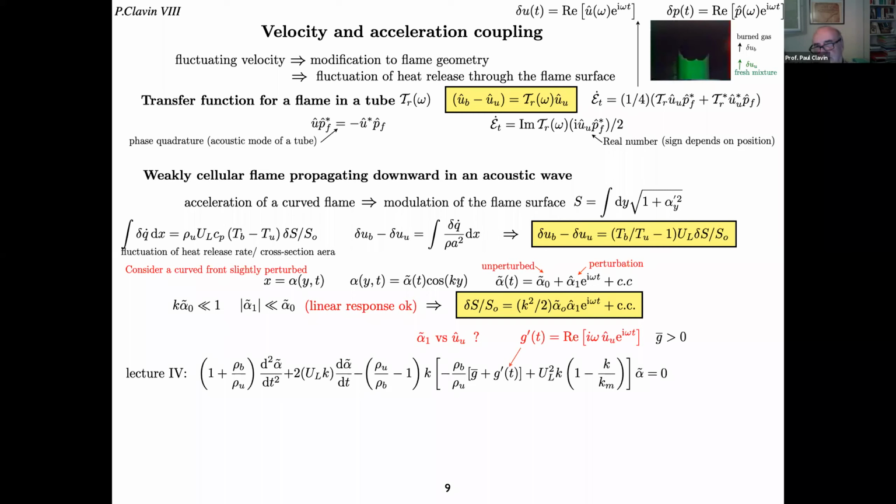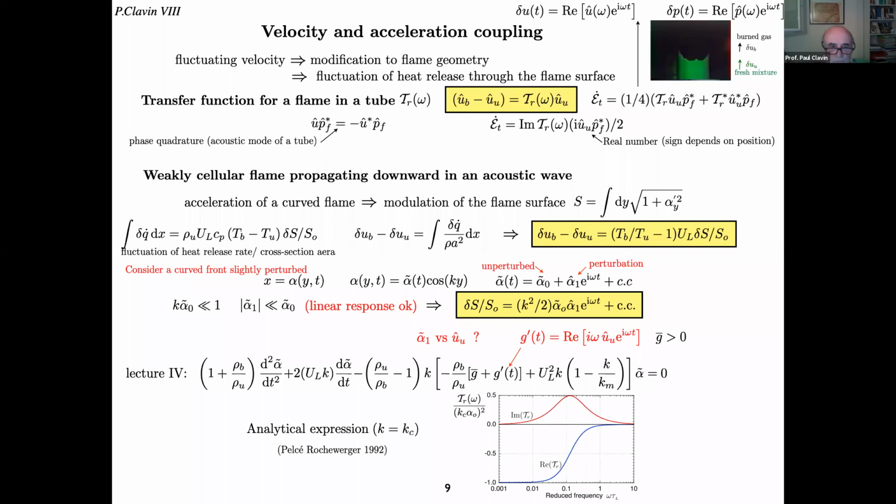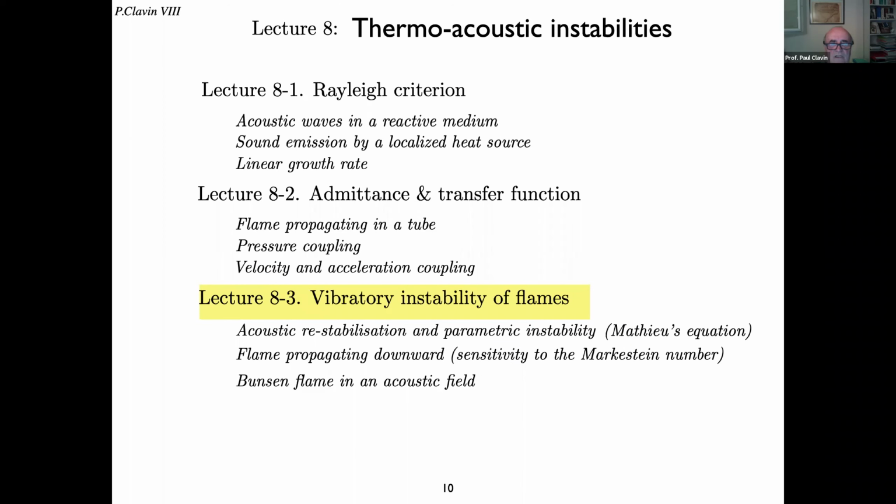And so you have this, and the transfer function has been computed for different flames. And it turns out that it is really what happens for the primary instability in a tube.